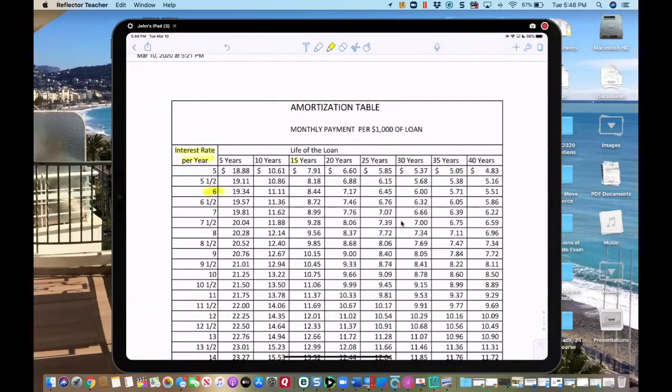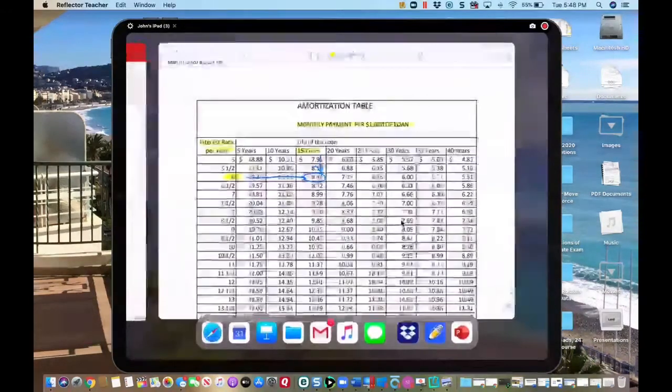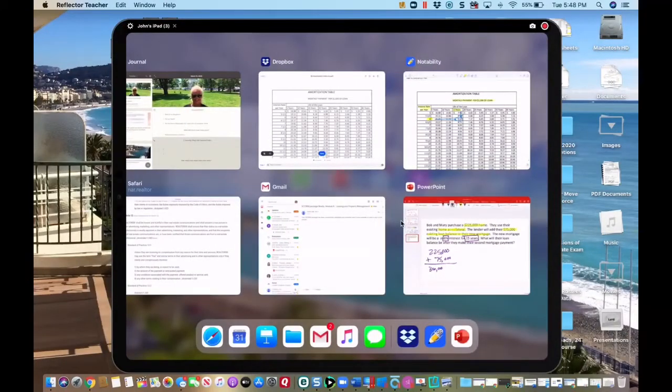So we come right here. Now if I go over here and I go down, I have $8.44. And remember, it's per 1,000. What I didn't do on the very first problem. But I learned from my mistakes, and hopefully you will too. That's why I'm going to leave that in the video.